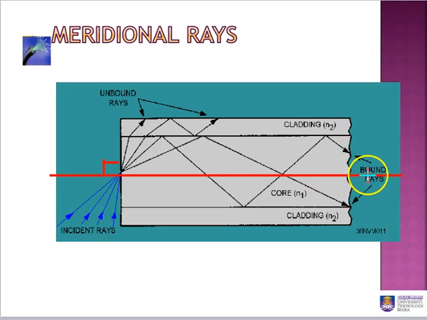This light is called the axial ray, but it is useful only for a short distance. For a long distance with curves and some impurities or imperfections, the axial ray is not a suitable candidate for light transmission. So meridional rays, which obey total internal reflection, are one of the best rays to propagate inside the fiber optic from the transmitter to the receiver. These are the bound rays. These are the unbound rays.